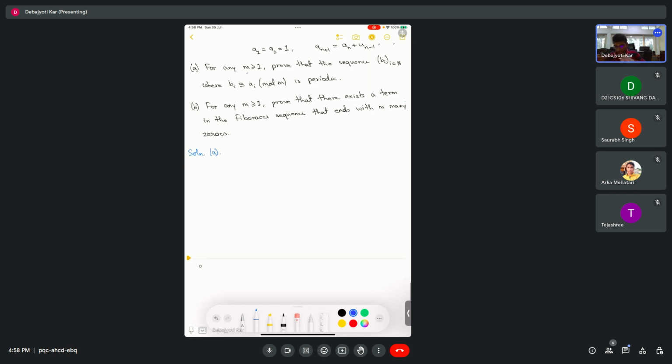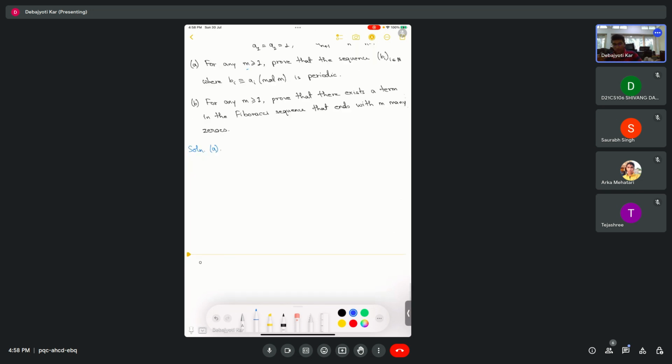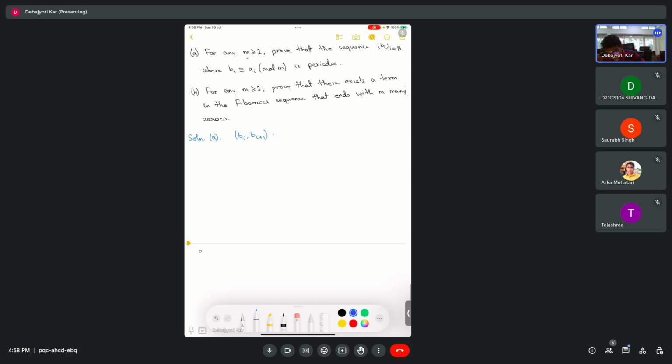Okay, so let's consider pairs of remainders. So for any two consecutive terms in this remainder sequence, we consider the pair. What do I mean by this?